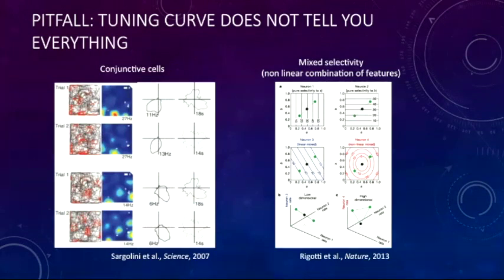It's not very clear in this example, but anyway, this neuron codes for two features that are linearly encoded by neuron 1 and 2. So this is a very clear linear relationship, but this neuron will code nonlinearly for a combination of the two. It's very interesting. It means that the way sensory features are mapped to neuronal activity is sometimes very complex and not straightforward. So the tuning curve is just a first simple approximation, I would say.